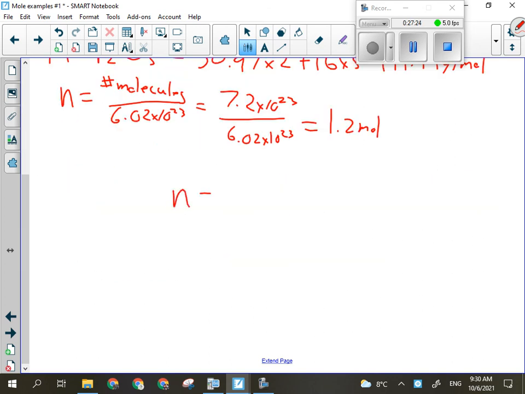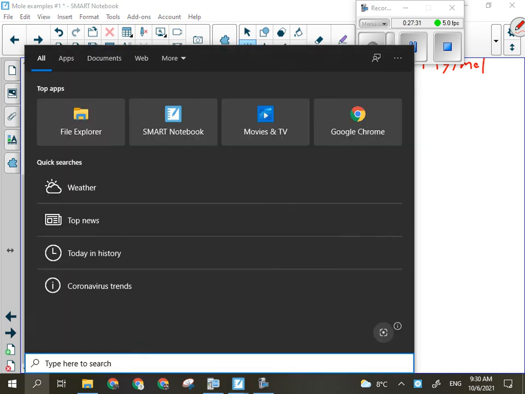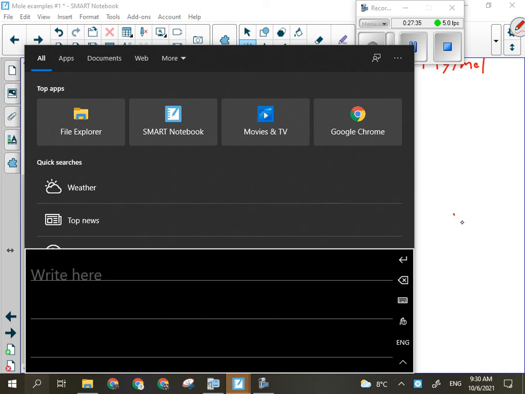Now we're going to calculate what m is. n equals little m over big M. We're going to multiply both sides by big M, and that'll get us our mass.